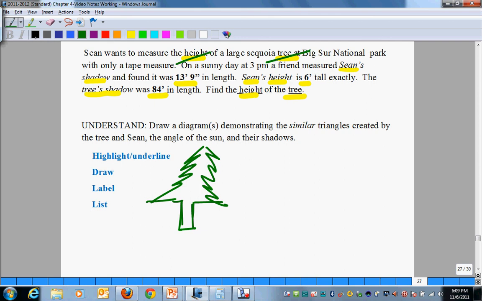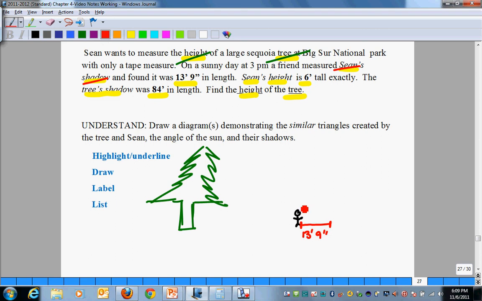And then we have Sean. So Sean's somewhere here in the play. Sean's much smaller than the tree. And we have a shadow of Sean's. So Sean has a shadow. And that shadow is 13 feet 9 inches.